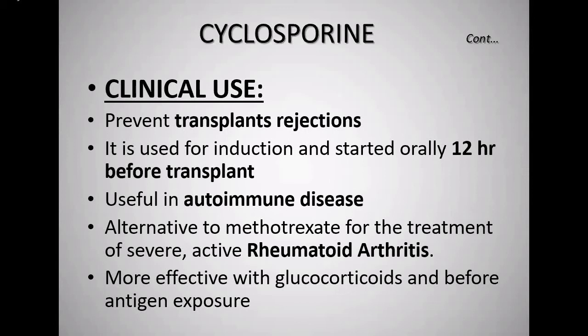Along with transplantation, it can be used for autoimmune diseases, like rheumatoid arthritis, thyroiditis or diabetes mellitus. The main use is to avoid rejection of the transplant, but it can also be used for other autoimmune disorders.